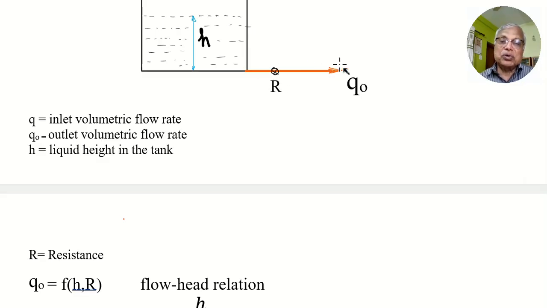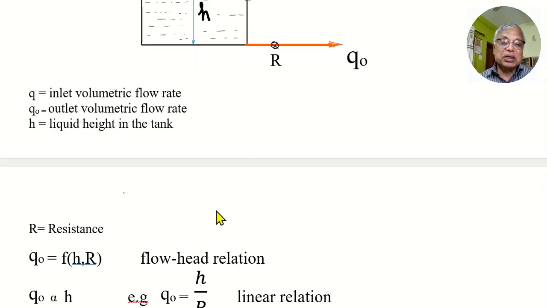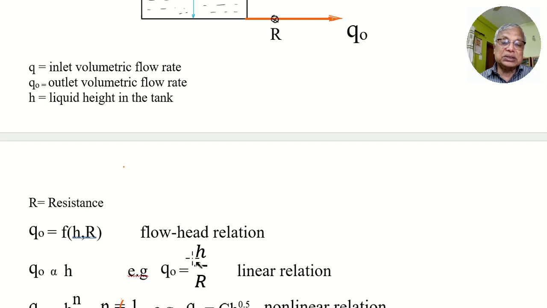So under laminar flow conditions through a pipeline, the flow head relationship will be like this, directly proportional to H, Q0 equal to H by R. So this is known as a linear relation. Q0 is directly proportional to H.